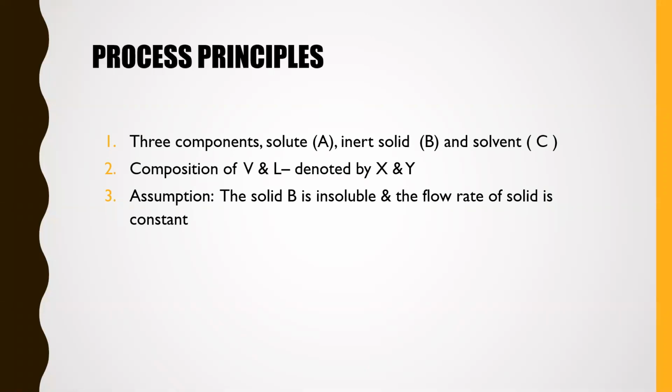The assumption is solid B is insoluble and the liquid phase of A and C will be continuously underflow from each stage. The flow rate of the solid is also assumed constant.